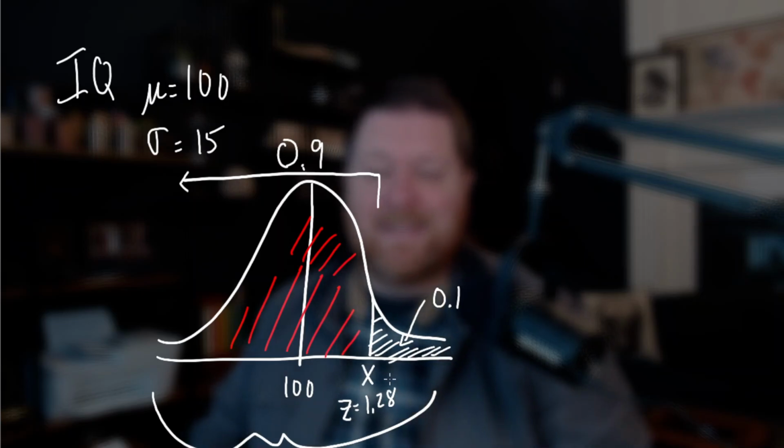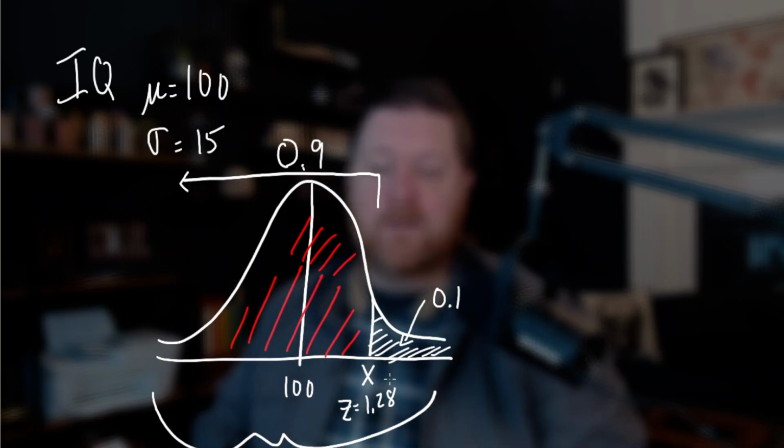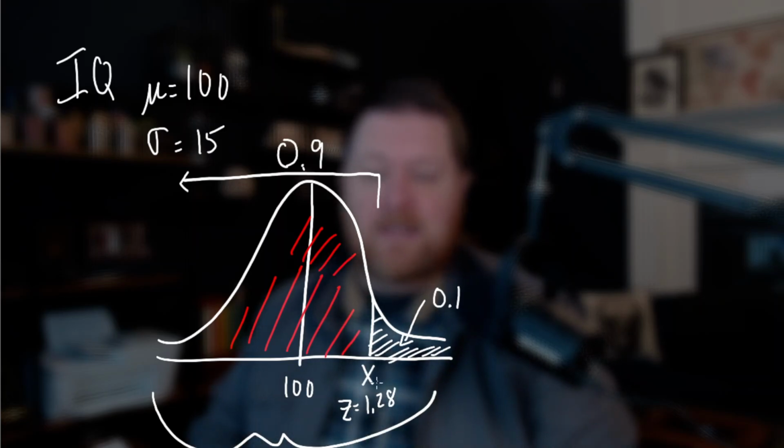But that's not the end of the problem yet, because just because we know the z-score, that's not the score on the IQ test, right? If you got a 1.28 on the IQ test, you're not doing very good, okay? We need to find out what score on the IQ test is 1.28 standard deviations above the mean. That's what a z-score tells us.